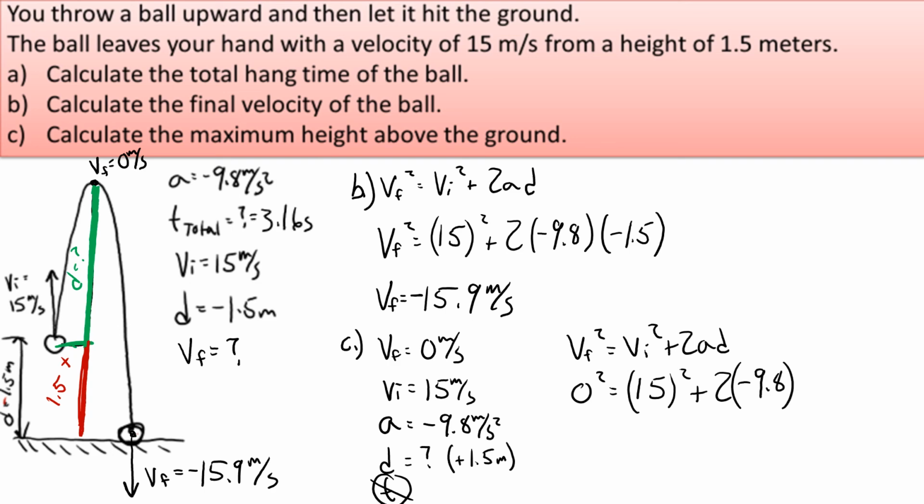Don't forget to make that negative, times D. And you get D is equal to 11.4795, just 11.5. That's fine. 11.5 meters. Don't forget to add the 1.5 meters here. So your D max, the height above the ground, is about 13 meters.